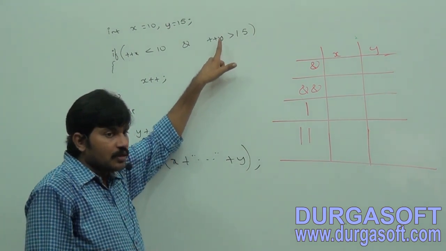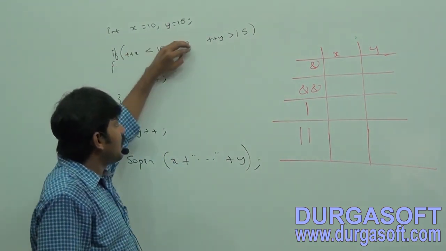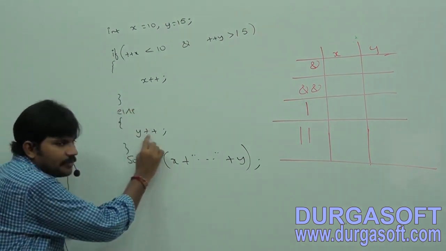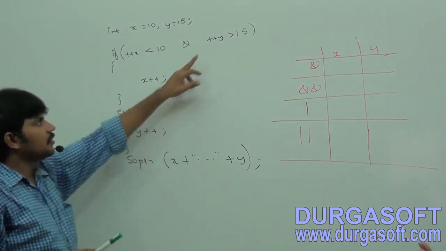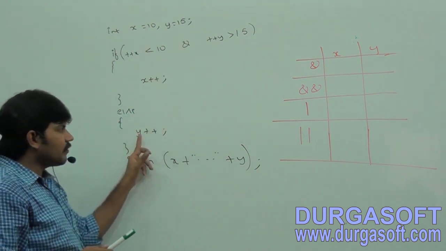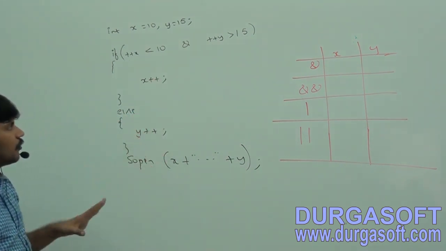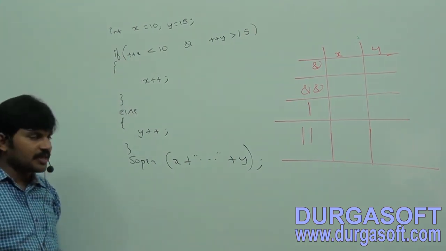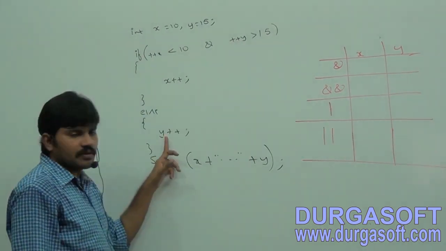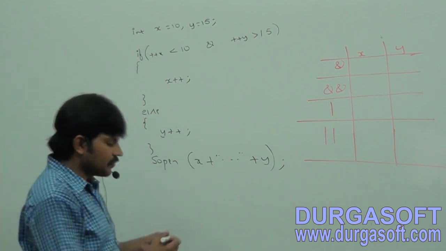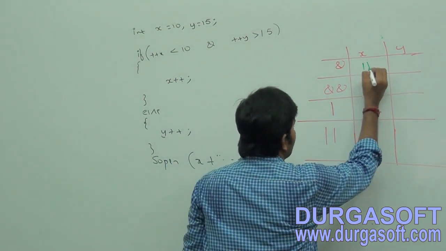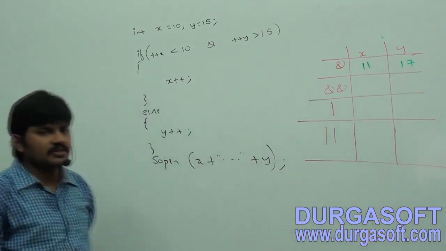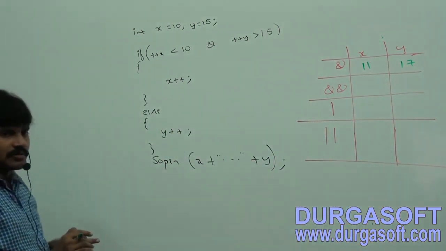False and true is false. In the else part, the y value will be incremented once again. So how many times is x incremented? One time. But y is incremented two times. That's why x value is 11 and y value is 17.